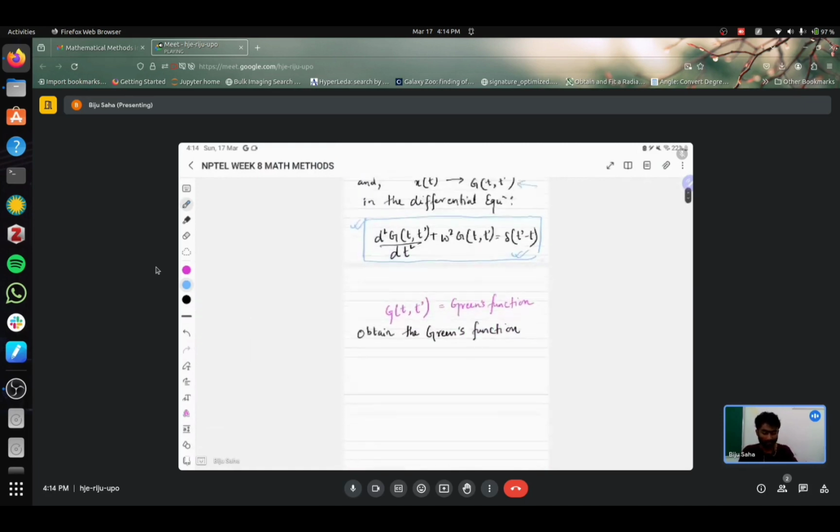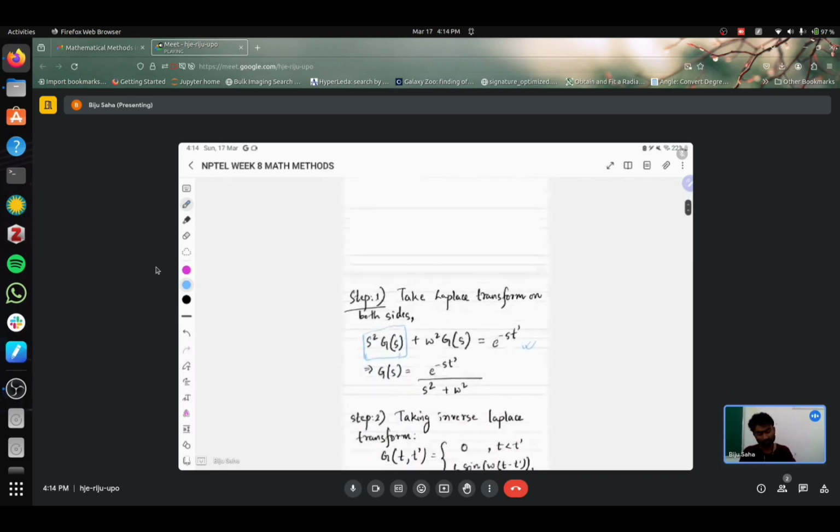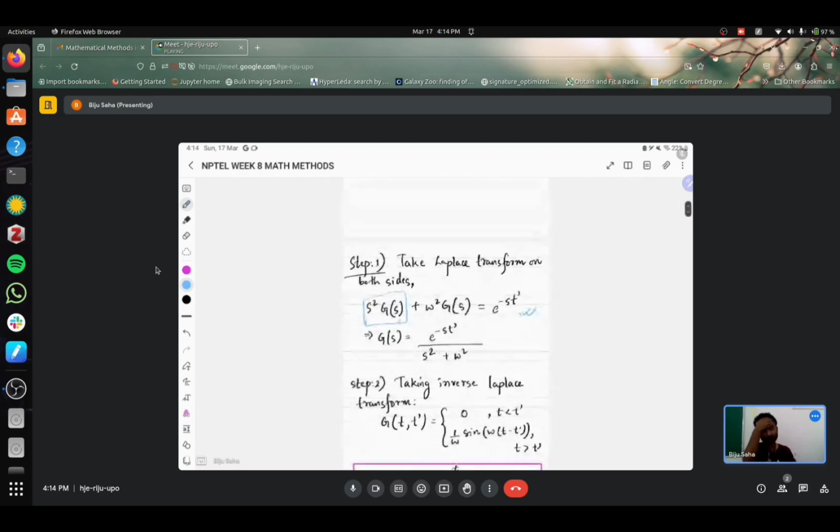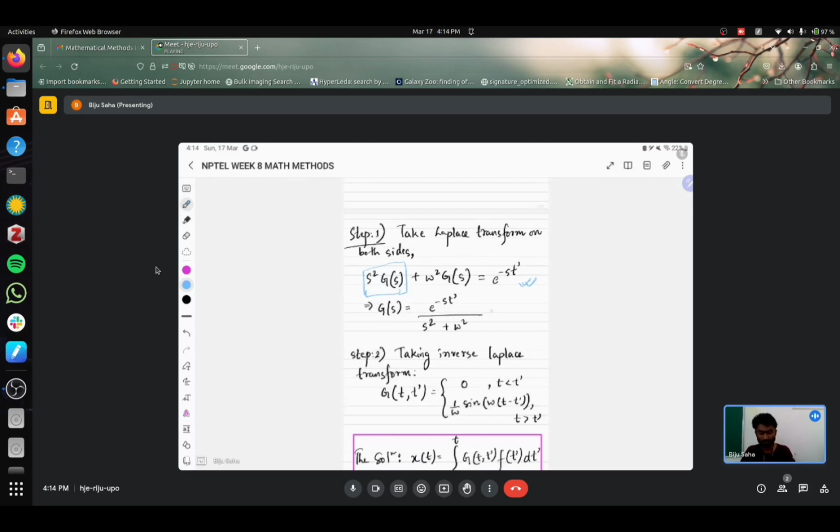On the right hand side, I take the Laplace transform of this Dirac delta. When I take the Laplace transform of the Dirac delta, I get e to the power minus s t prime. Using this we can get the functional form of g as a function of s.